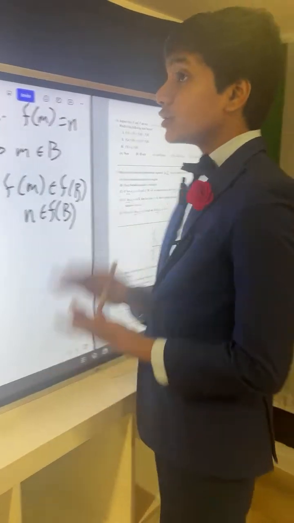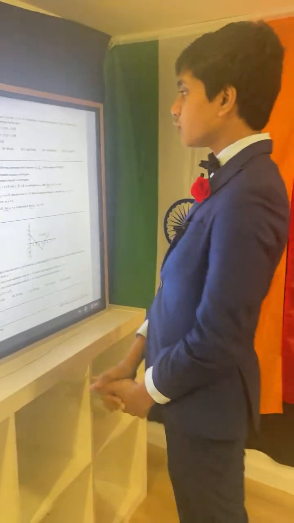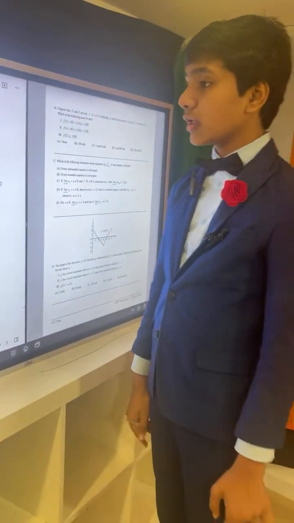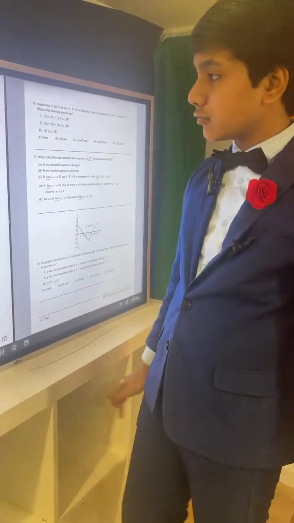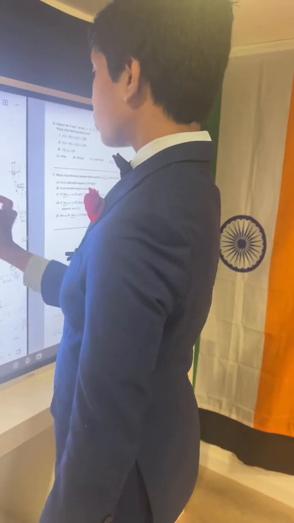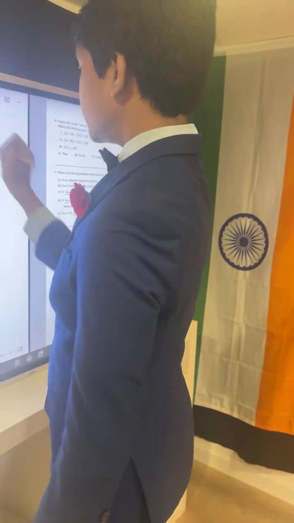And we don't have to do it the other way around because we're only proving that f of c is a subset. In fact, if we did it the other way around, it would show us that it would be incorrect. So that means 1 and 3 are both true, which means the answer is D, 1 and 3 only.